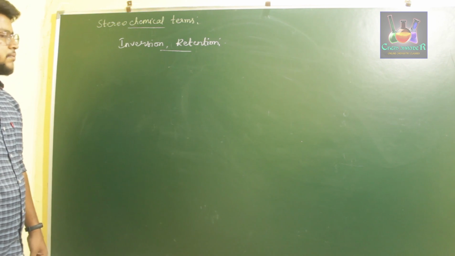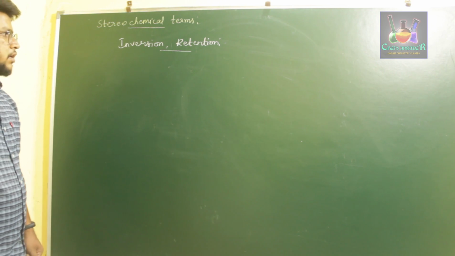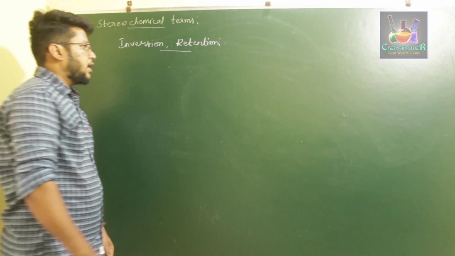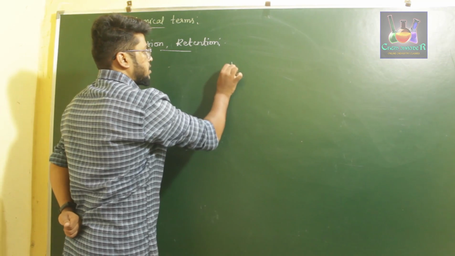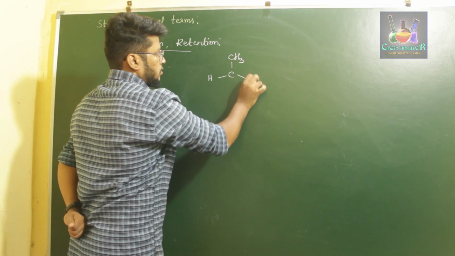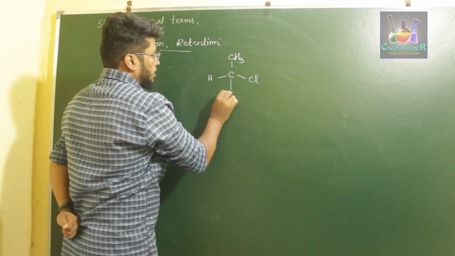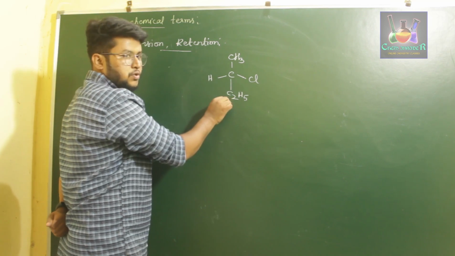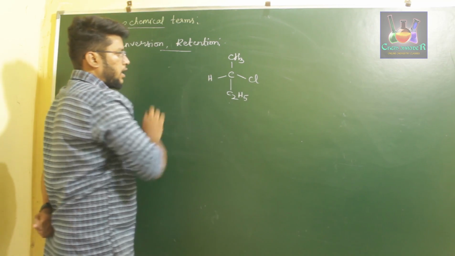Now let us consider a reaction in which we are treating an optically active alkyl halide, let us say a carbon which is attached to one CH3, one hydrogen, one chlorine, and the other C2H5. So in this case we have a CH3 group, C2H5 group, Cl and hydrogen.